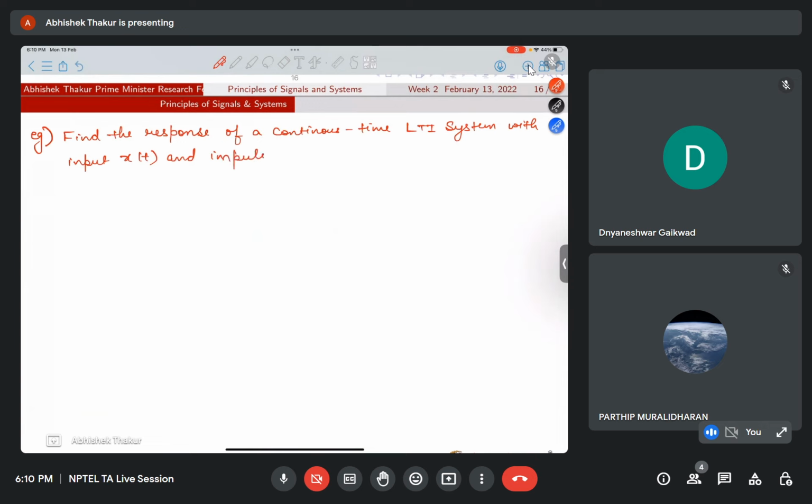Again, we will solve this question using the graphical method. If you have any doubt in the last question, then please ask me.